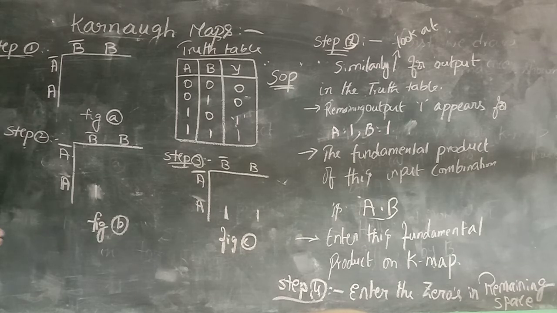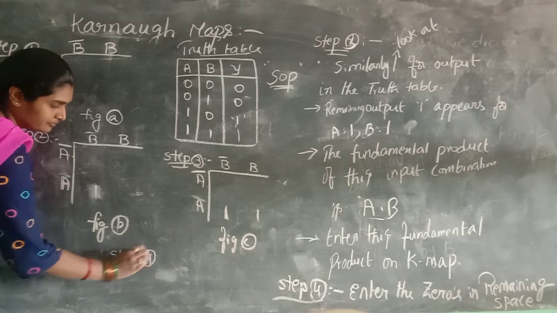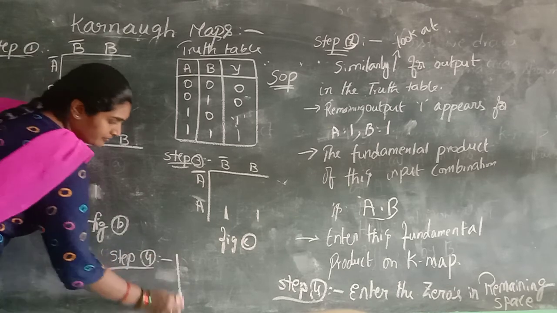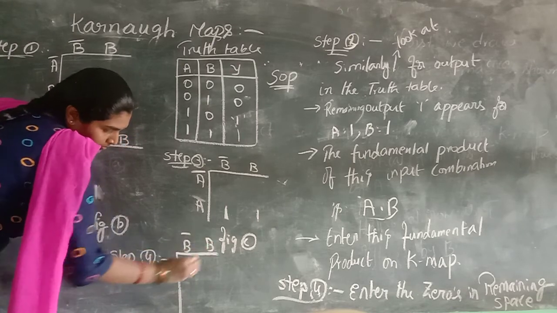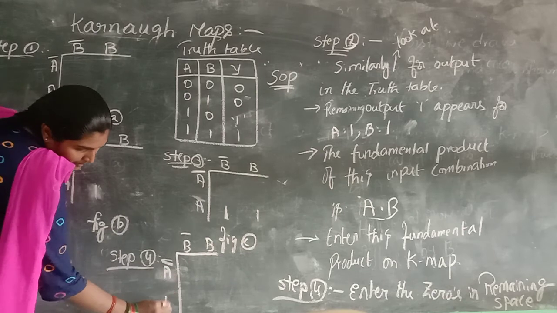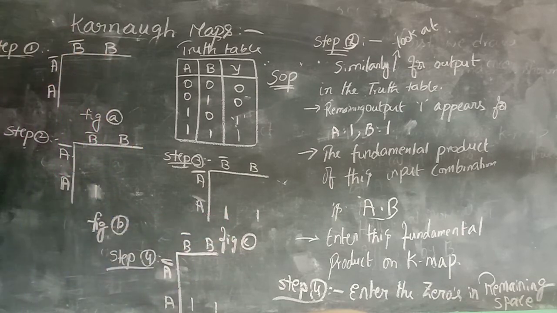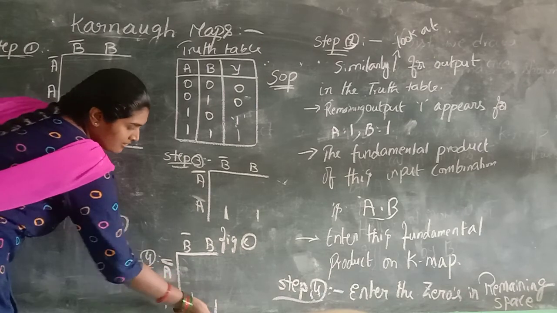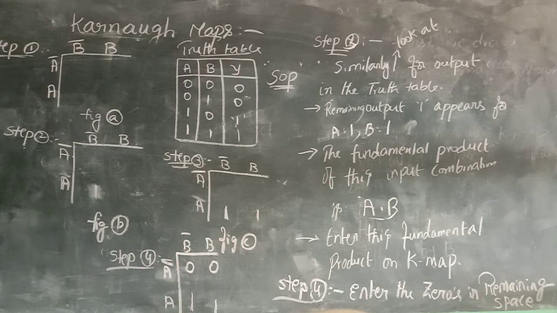So finally step 4: B bar B, A bar A. First you put up to the third step, and the remaining spaces are filled with 0.